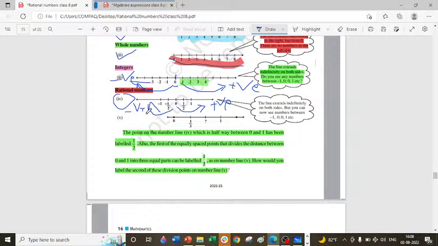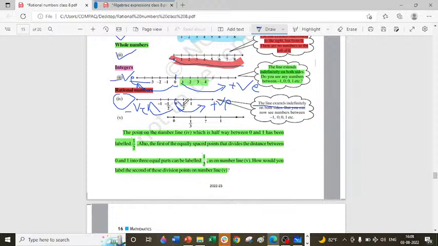Here the line extends indefinitely on both the sides, but you can now see the numbers between negative 1, 0, 0, 1, etc. As you are moving to the right side, the first number is half.